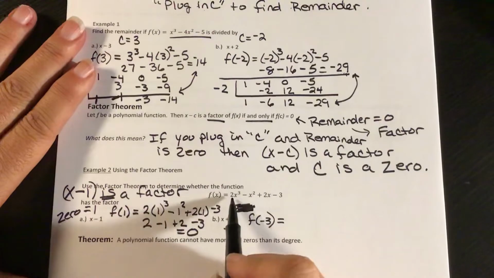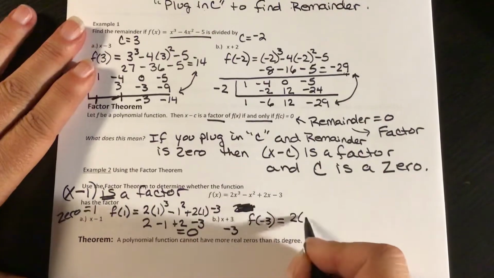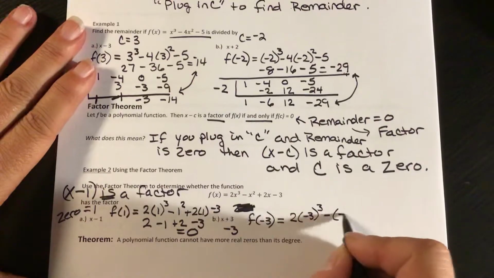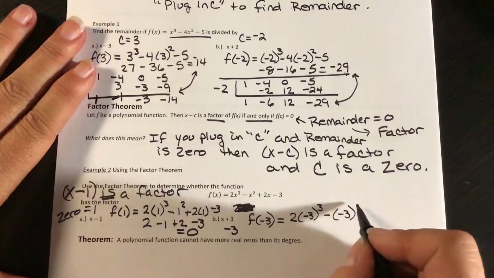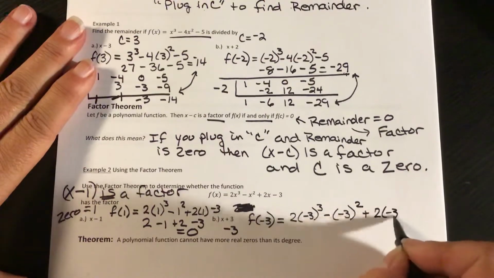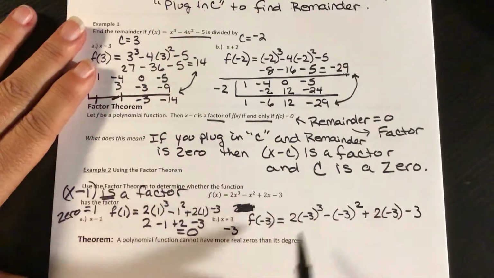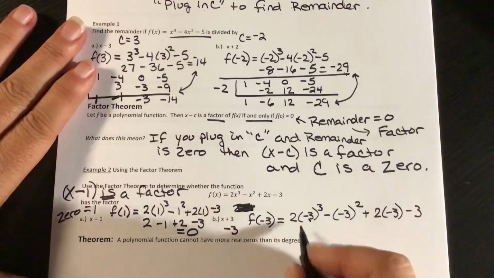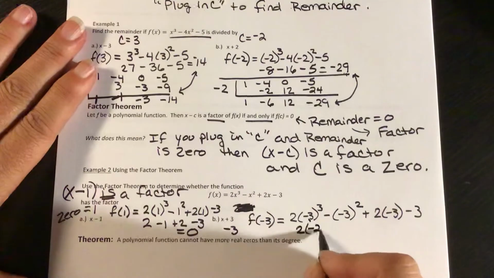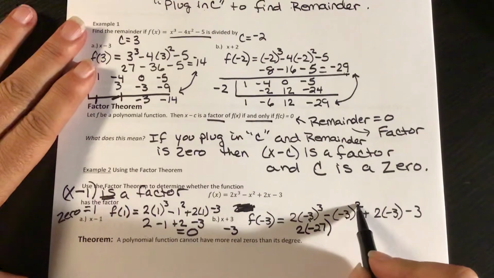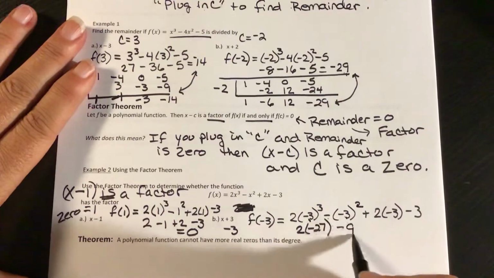But if I plug in negative 3, I have 2 times negative 3 to the third, minus negative 3 squared, plus 2 times negative 3, minus 3. So this would be negative 27 times 2. And negative 3 squared is 9, so I'm going to subtract 9.